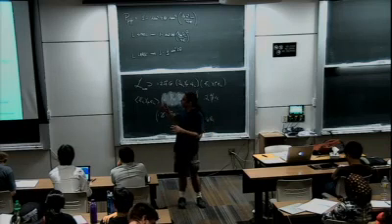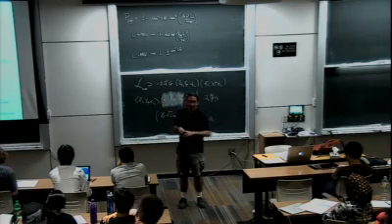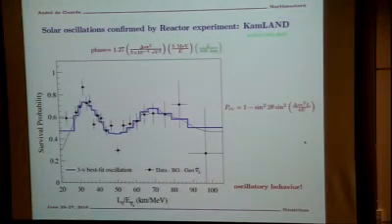So if you're aiming at a delta m squared which is about 10 to the minus 5 electron volts squared, this is what's written over here, and you have energies of about 5 MeV, you need a baseline of about 100 kilometers to see an effect. So this means you need to do an experiment with a nuclear reactor, and you have to put your detector 100 kilometers away.